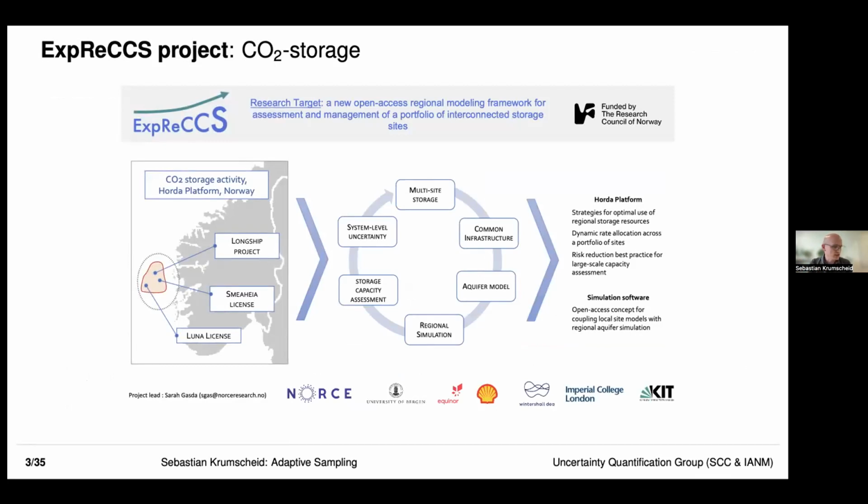It's actually an international project with the lead in Norway at the Norwegian Research Center, where, for example, the currently used storage area is called HORDA. They want to extend HORDA, and this requires a multidisciplinary approach, including a systematic way of uncertainty quantification, such that we can ensure that the CO2 stays there, hopefully long enough.